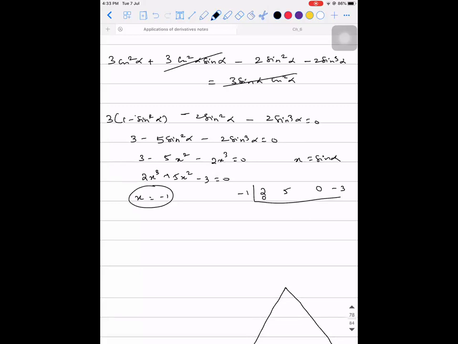So minus 1 here, 0, 2, it is minus 2, 3. So it is minus 3 here. So it will be 3. So we can directly reduce it in the first step itself, sir. So 2x square plus 3x minus 3 equal to 0.